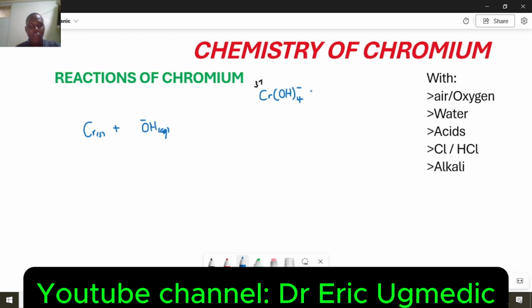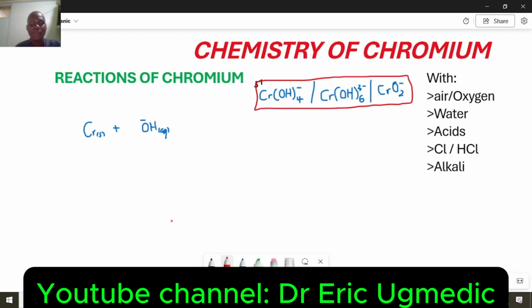Or it can also be written in this form, or in this other form, or can also be written as Cr(OH)4 minus. So these are the 3 different ways of writing chromite, that is the ion.